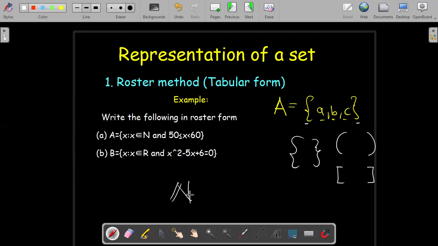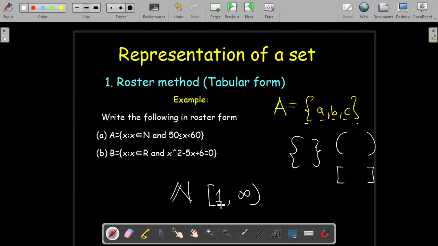Numbers used to count start from 1 going to infinity: 1, 2, 3, 4, up to positive infinity. Listing them would be a lot, so what you would do is use something like 1, comma, infinity, where it's open at infinity.